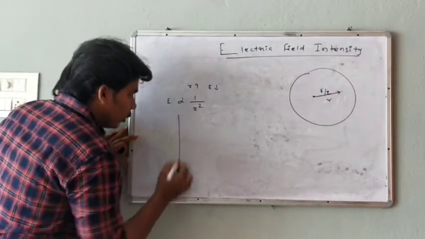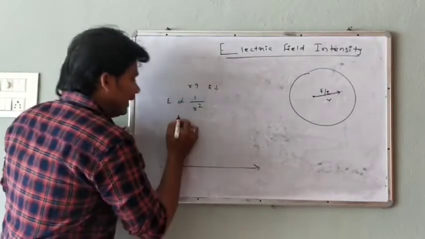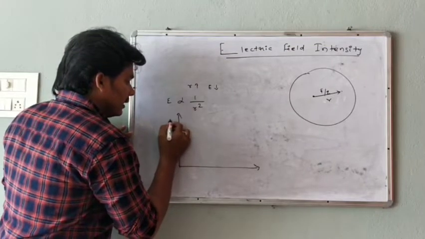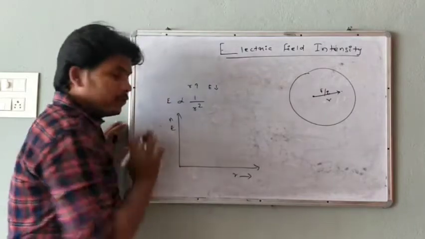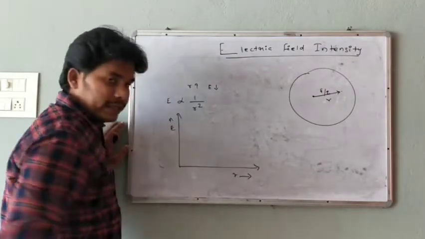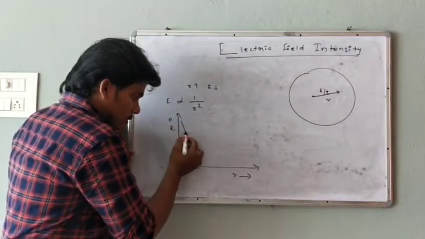If you draw a graph between E and R, taking E on the y-axis and R on the x-axis, the graph will look like this.